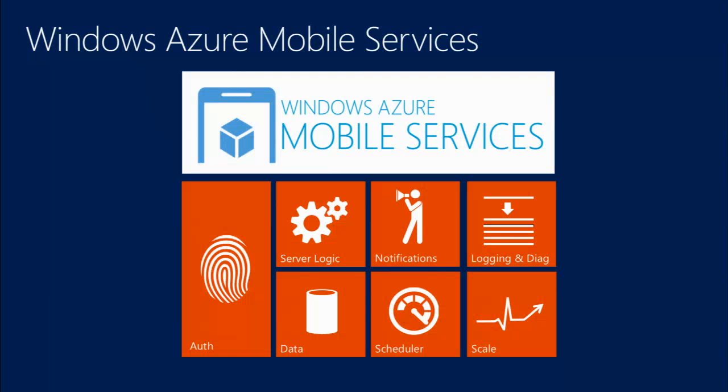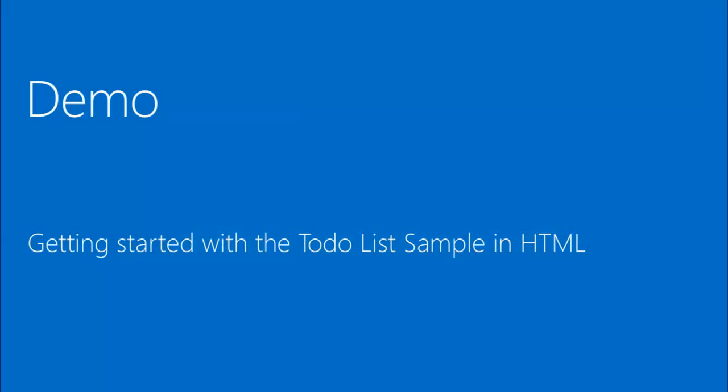There's also a solution we'll talk about for push notification style communication down to your web apps. First, we're going to show you a simple application that is in HTML5 and uses Mobile Services.